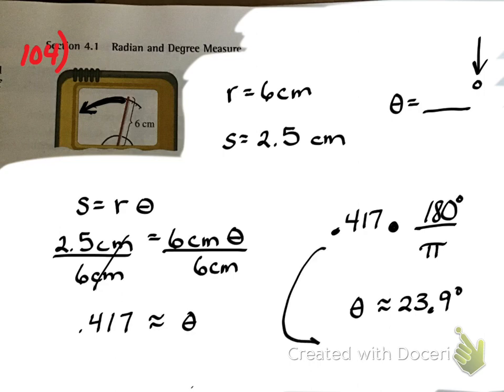So all we did here is we multiplied like multiplying fractions, 0.417 times 180 over pi times 1. So when we multiplied that out, degrees is left. So it's in degrees.